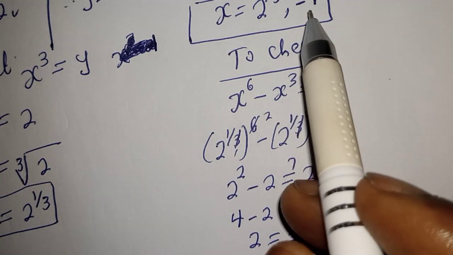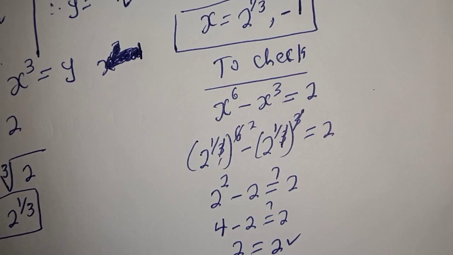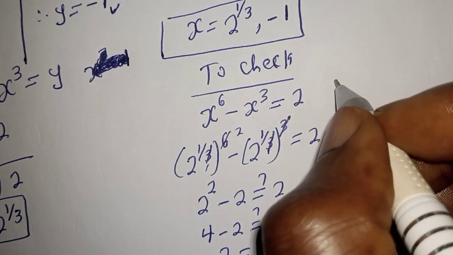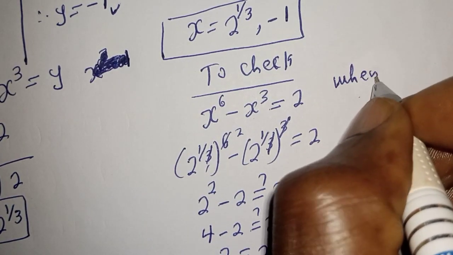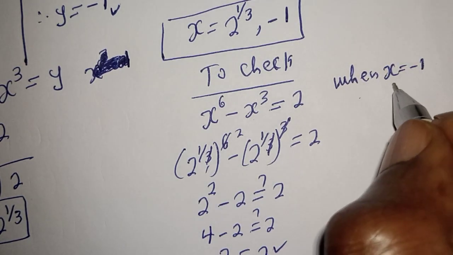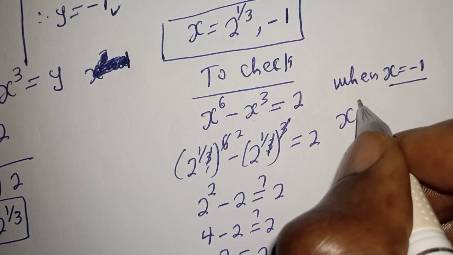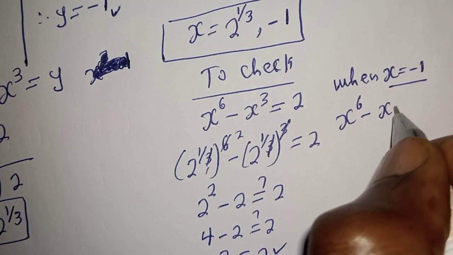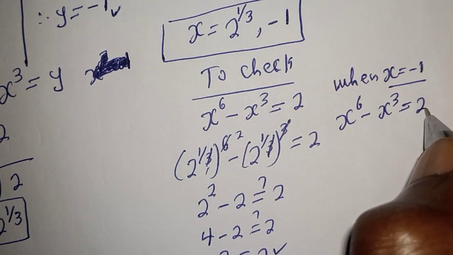Then when s is also minus 1, let's check. When s is equal to minus 1, s raised to power 6 minus s raised to power 3 must be equal to 2.